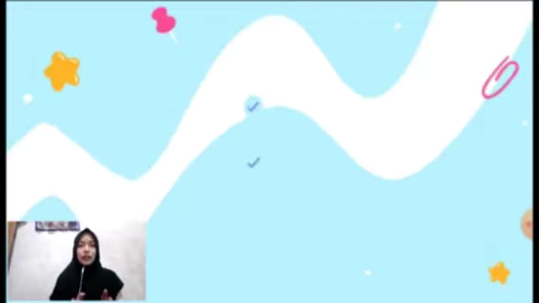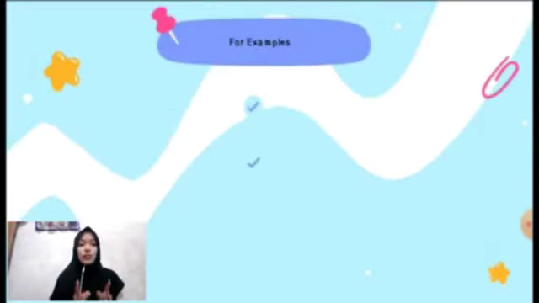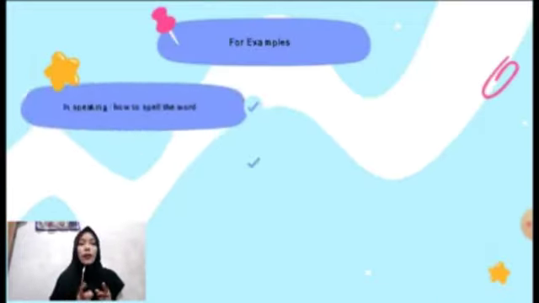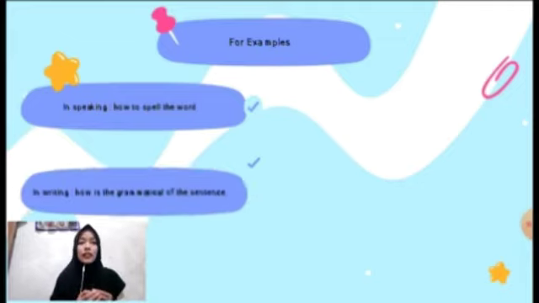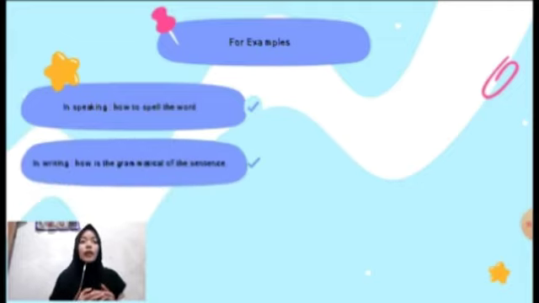For example, in speaking, how to spell the word, and then in writing, how grammatical a sentence is, for example what kinds of tenses you use.